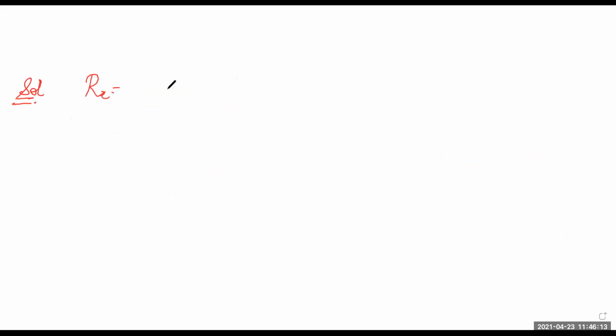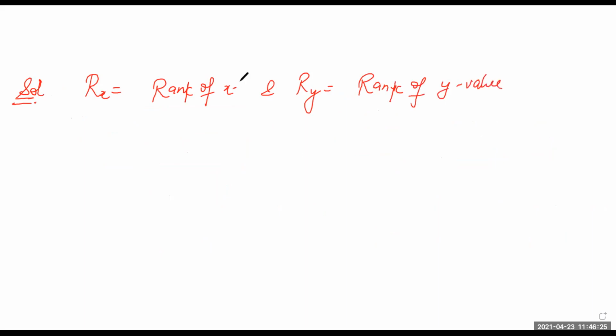Let R of X be written as rank of X and R of Y as rank of Y. Here you will write the X value. So let's make a table for the calculation.